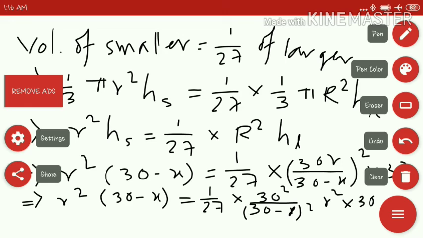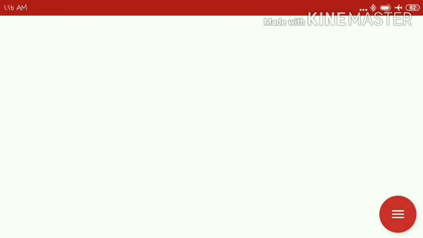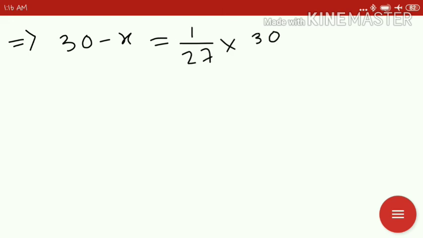So if you remove the r square from both sides, then you will get 30 minus x equals 1 by 27 into 30 square by (30 minus x) whole square into 30.